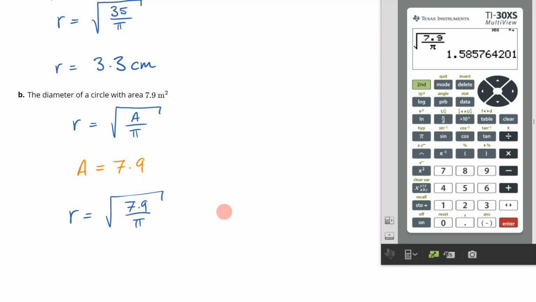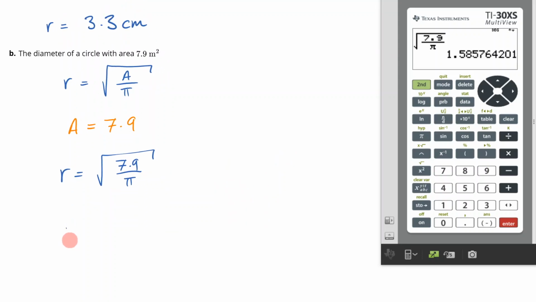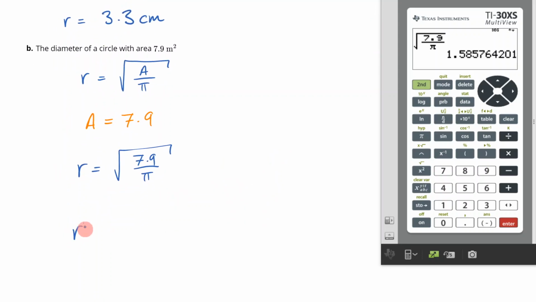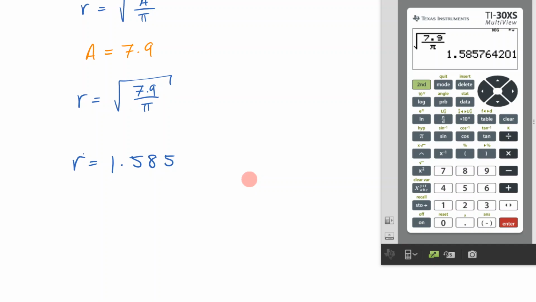Okay, so now we come here and we go, r is equal to 1.585. And the reason why I'm giving you a bit more extra decimal places here is because we're not done yet. Because they've asked us for the diameter, but we have the radius here. Well, we know that all we're going to have to do is multiply this by 2.